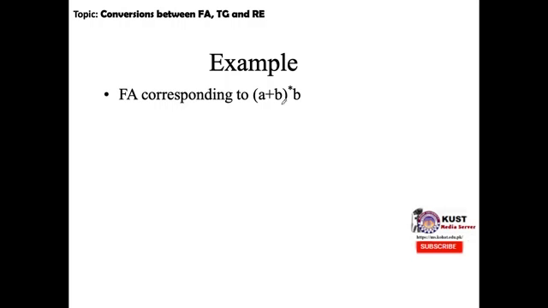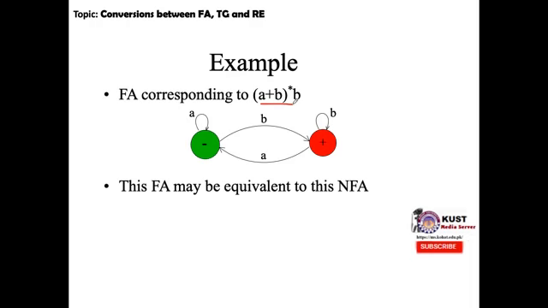Let's take another example. The FA corresponding to this regular expression is given as this, a deterministic FA. You see there is a transition for A, B, and a unique transition. But its equivalent NFA can be given as AB and B. So FA is basically equivalent to NFA in terms of describing languages.